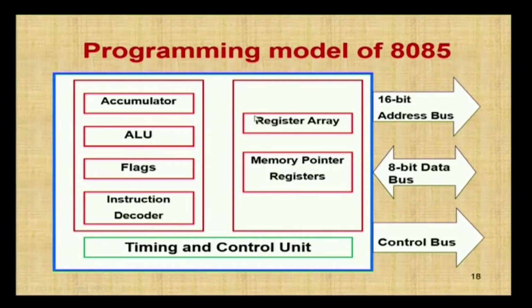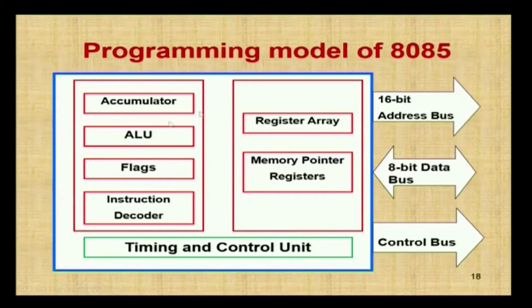Then you have the general purpose registers, which serve as a small memory. This is called the register array, and then you have to send an address. You have to address the memory location by sending a 16-bit binary word. That address is stored in 16-bit registers, so we have the program counter and the stack pointer.